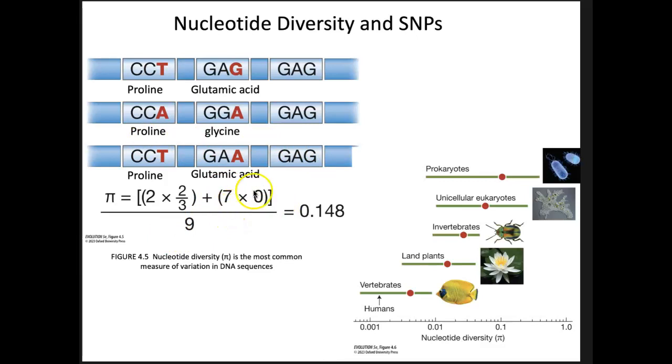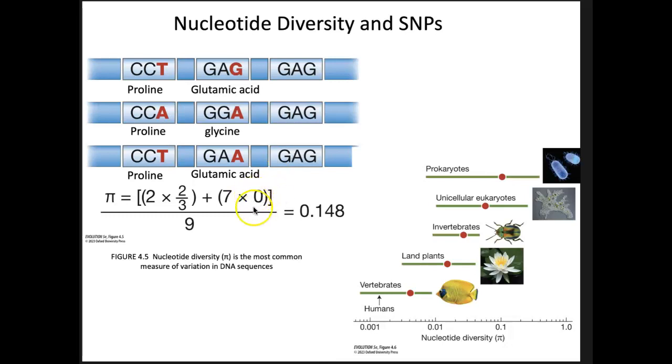Then what we're doing is we're looking at the similarity and we're looking at the difference. 7 of these bases do not have any variation. So at 7 sites, there's no variation among the sequences.